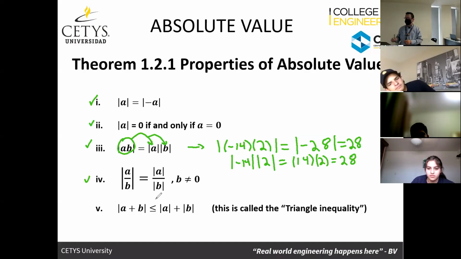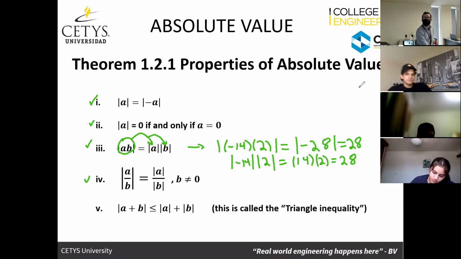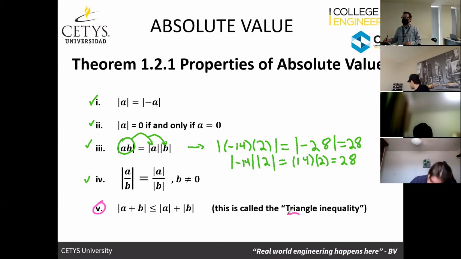Now, number 5. I'm going to put that in a different color. Number 5 is called the triangle inequality.